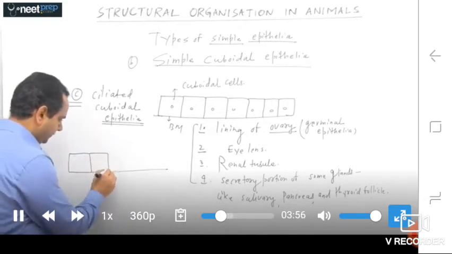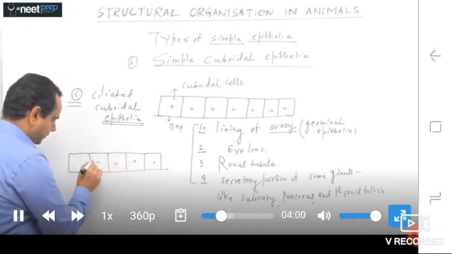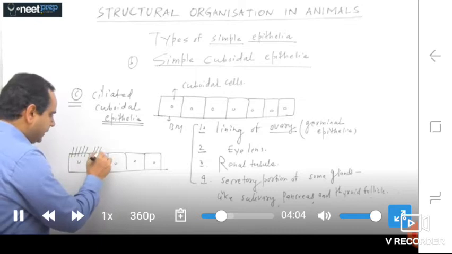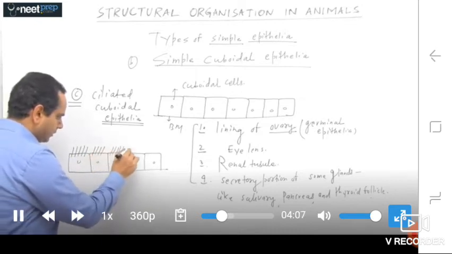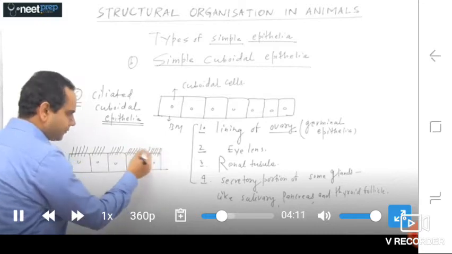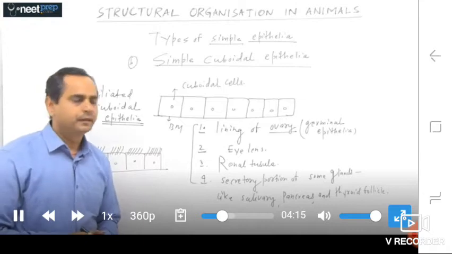Suppose that is the part of cuboidal epithelia, and the free surface of epithelia contains true cilia that originates from the basal body, that is made up of microtubules.